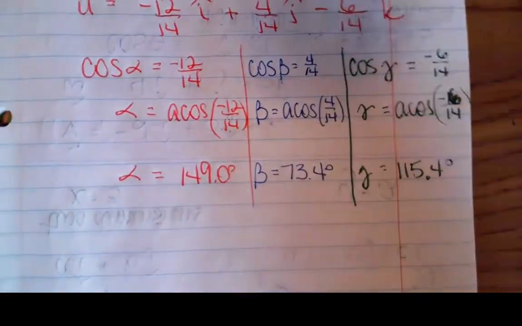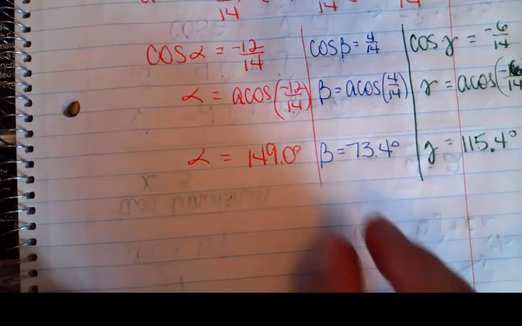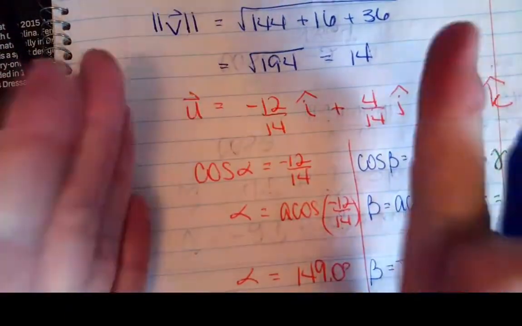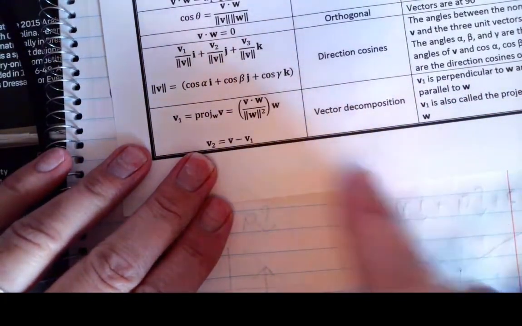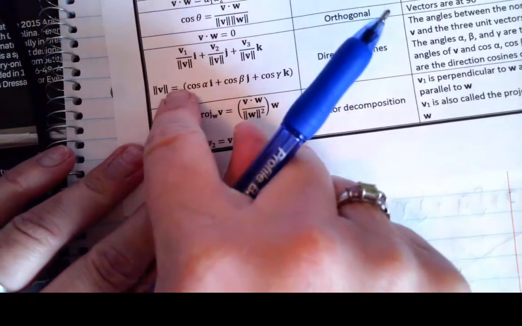Remember that just like we did in polar, I am not going to turn this, I'm going to leave it in terms of cosine. So my vector is going to take this form right here, which, holy cow, I need to fix that. This is a typo, for the love.